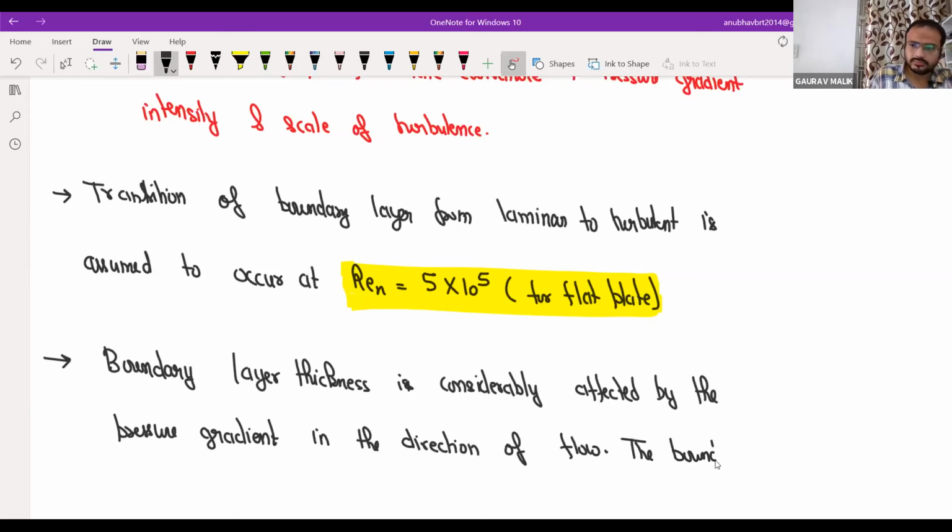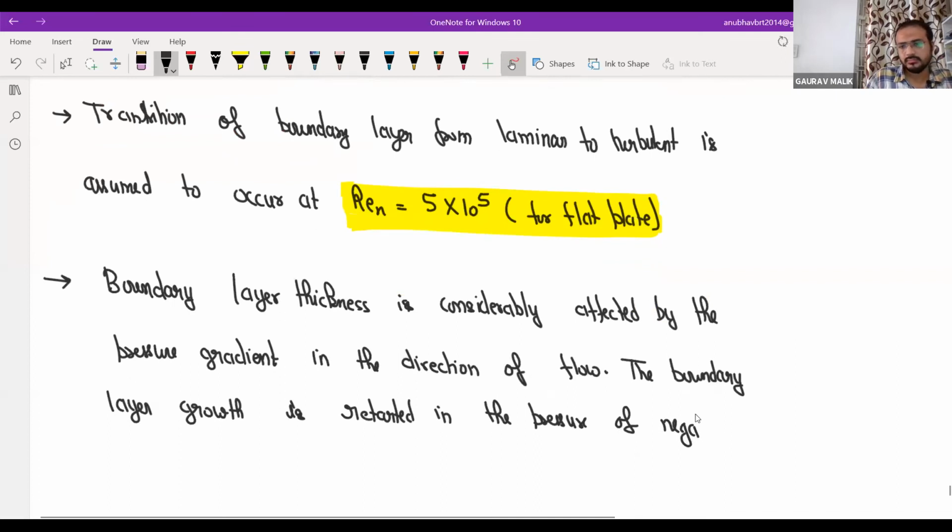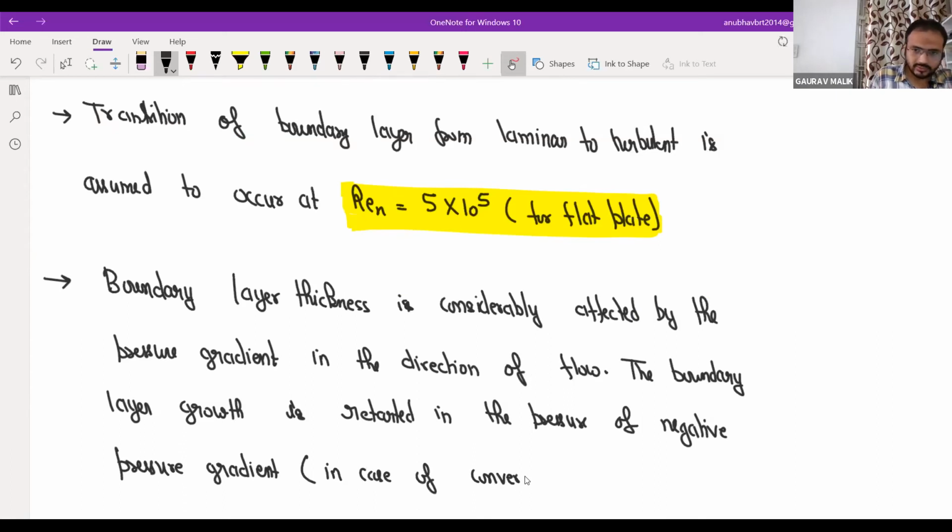The boundary layer growth is retarded in the presence of a negative pressure gradient, in the case of converging flow.